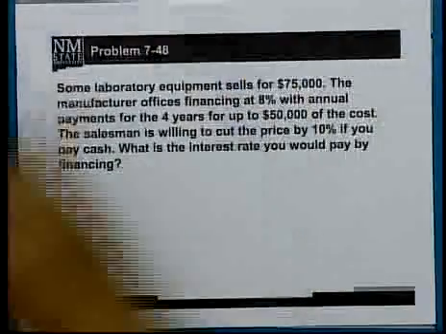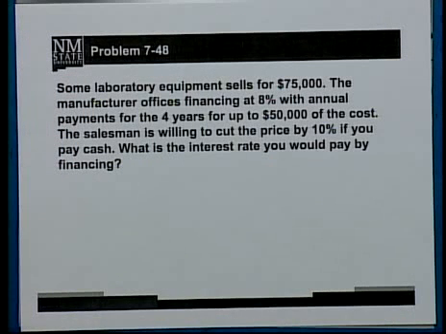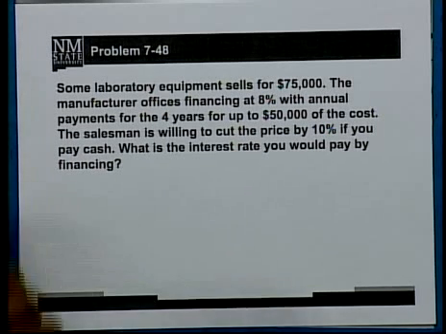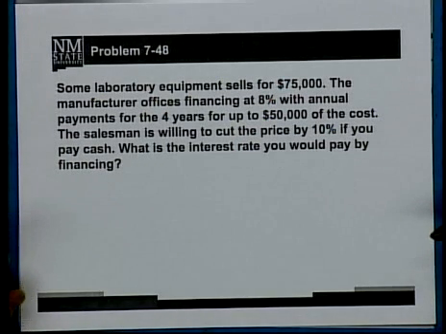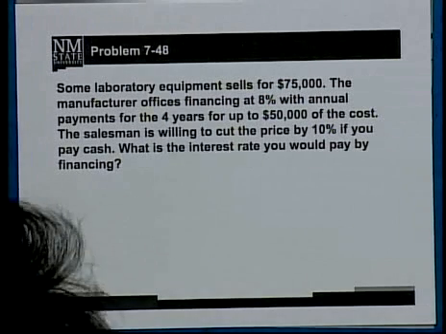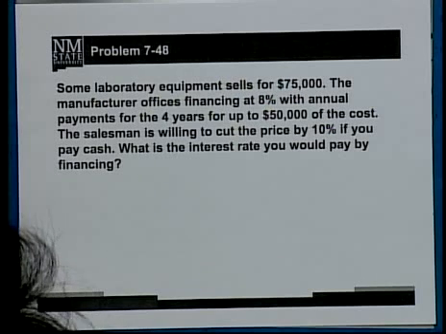Then the next question that we are going to solve is problem 7-48. Some laboratory equipment sells for $75,000. The manufacturer offers financing at 8% with annual payments for 4 years for up to $50,000 of the cost.